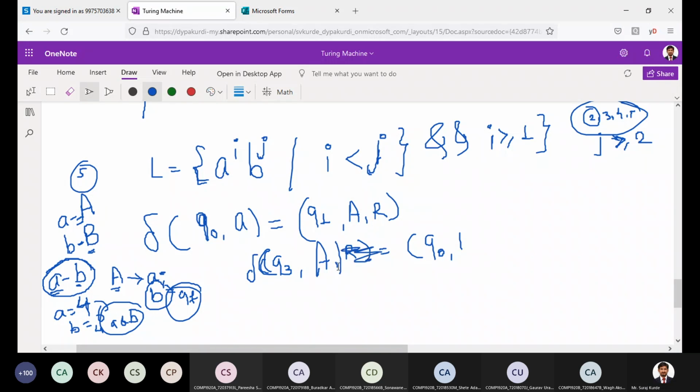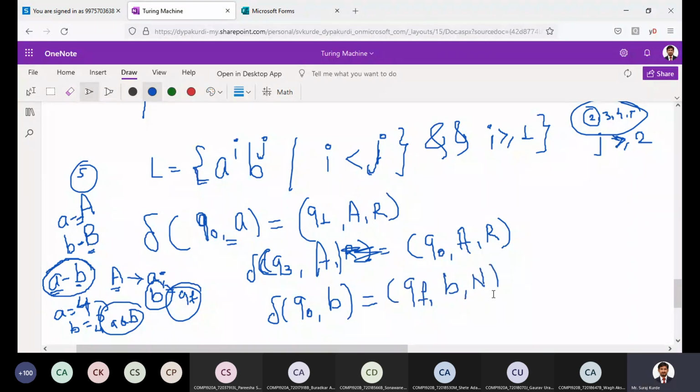Keep A as it is, go to the right. On the right, on Q0, if it reads small a, it will replace it with capital A, or on Q0, if it reads small b on the right, then it will go to the final state, keep b as it is, and the head will be on the same cell.